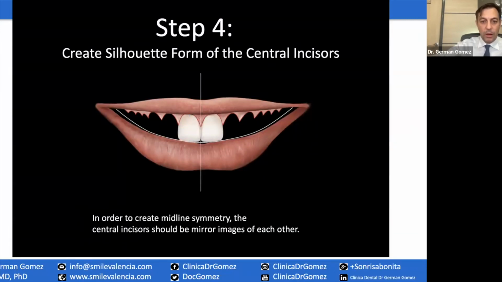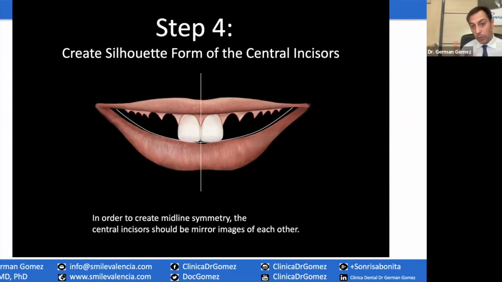Then we create the central incisors. There you can have a more rounded, more canty, more squarey design. That's up to you, how you want to design. If it is more squarey, it's more masculine.